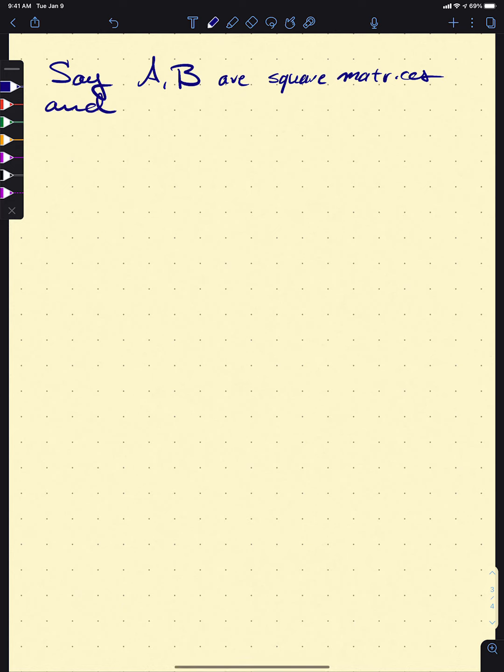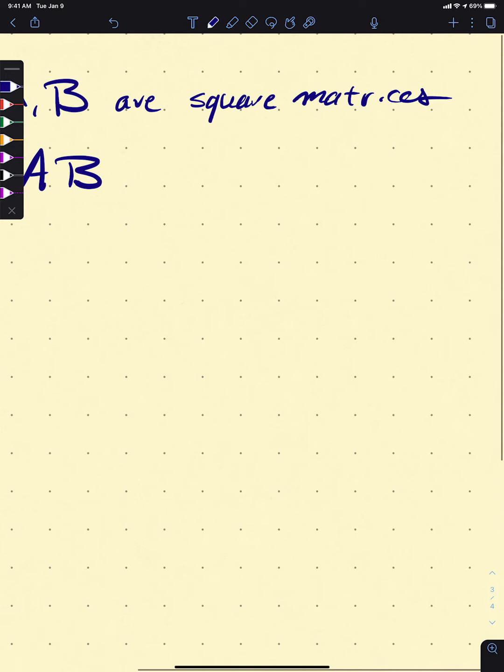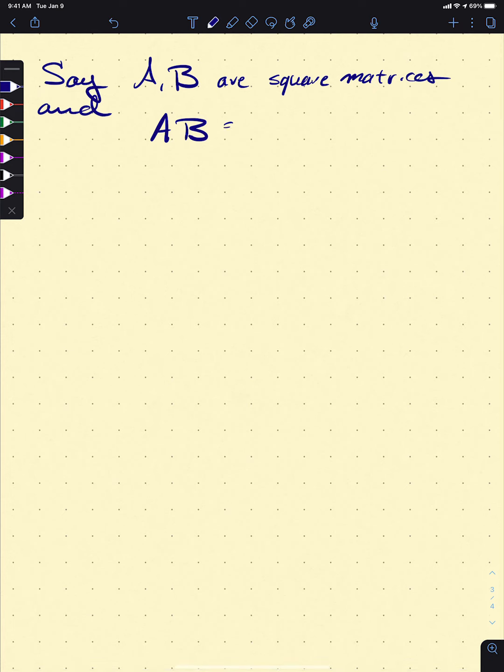And let's say A times B is equal to B times A. Okay, so this right here says that we have to have square, when both of these are defined. And if that equals the identity, because it's equaling the identity, we need to say that these are square n by n matrices, right?